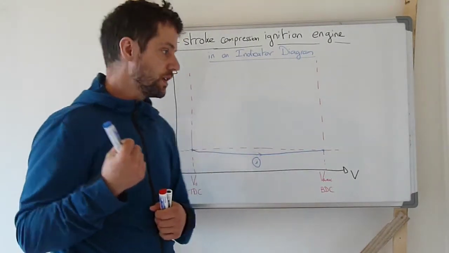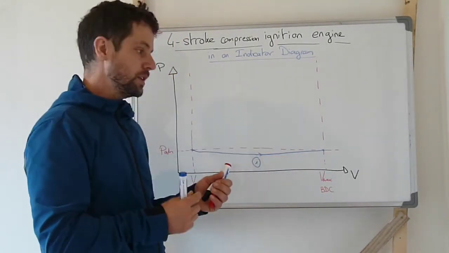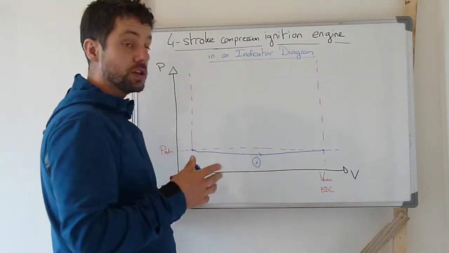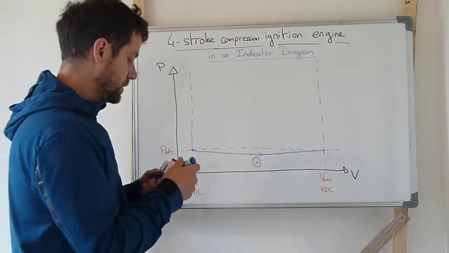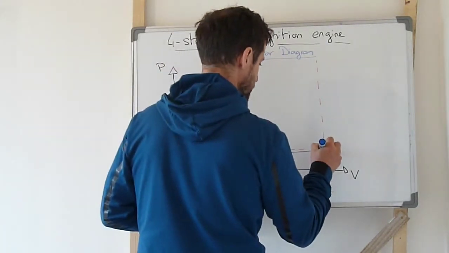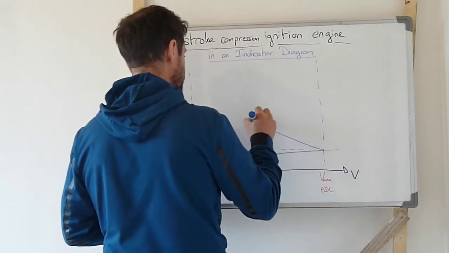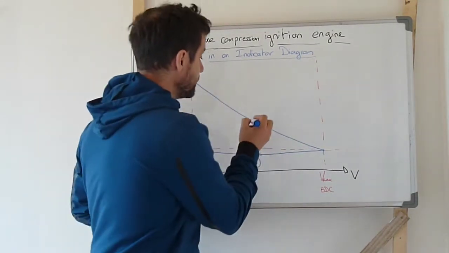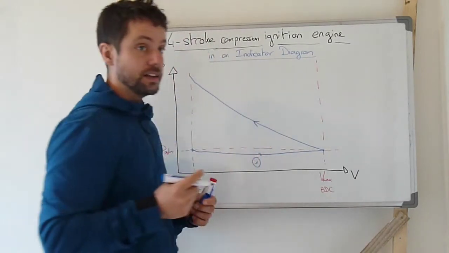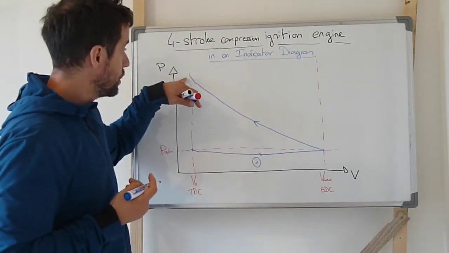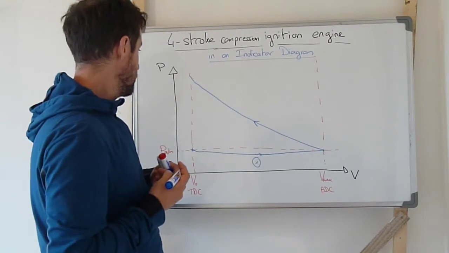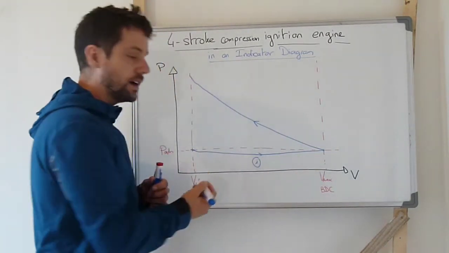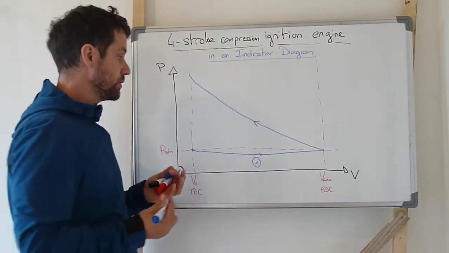Second stroke. Now in a closed system, the piston is going up and the pressure and temperature are increasing. The main difference here is that the pressure increases more inside the system because we have a higher volumetric compression ratio.